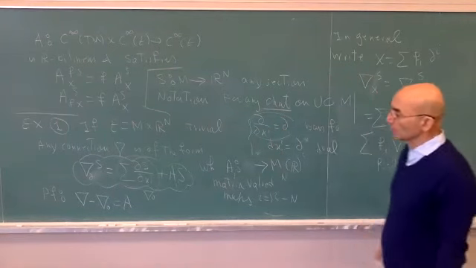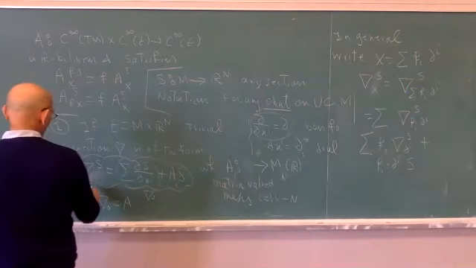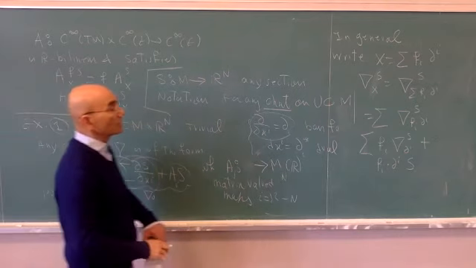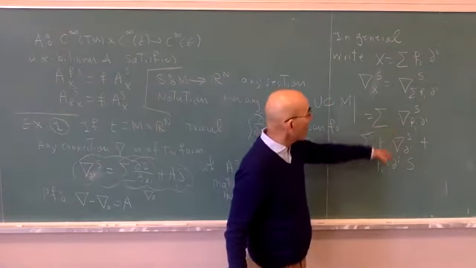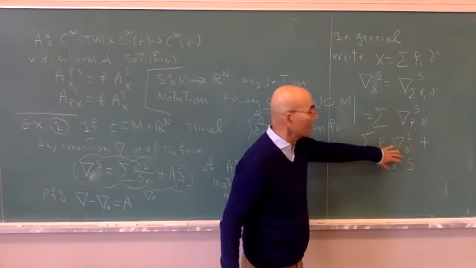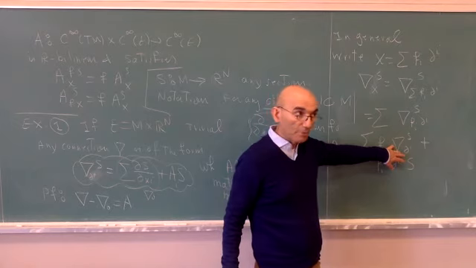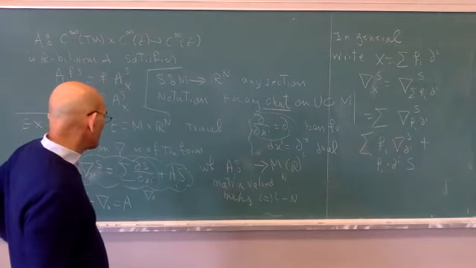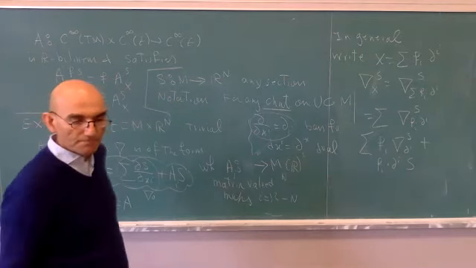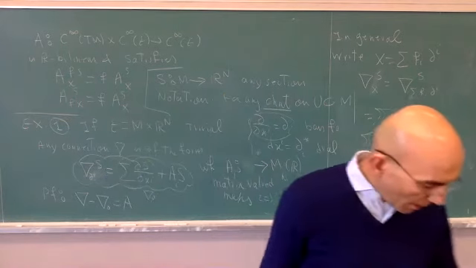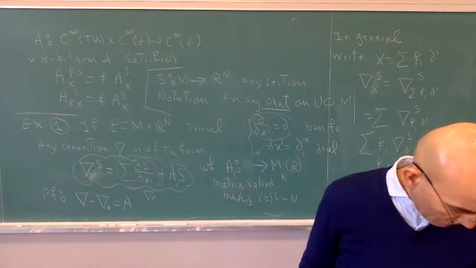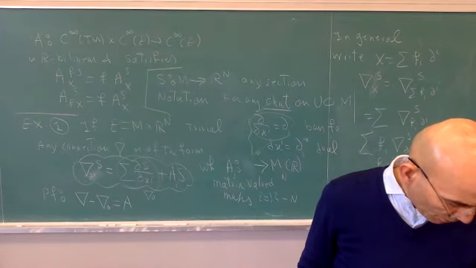So once you know the value of the connection with respect to some frames, then you know it for everything, because you can just use property 2 to write down the value of your connection on arbitrary vector fields, the covariant derivative with respect to an arbitrary vector. Any questions? I highly recommend you go through chapter 1 of Rowe's book, which is in resources, and also in the review tutorial, go through this concept.